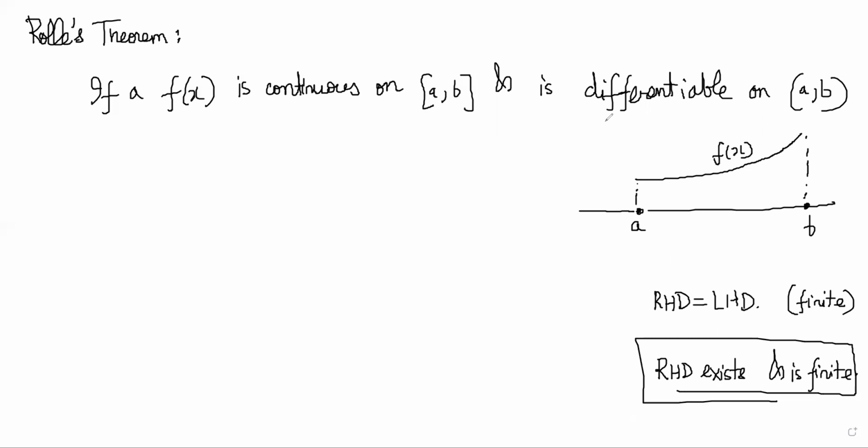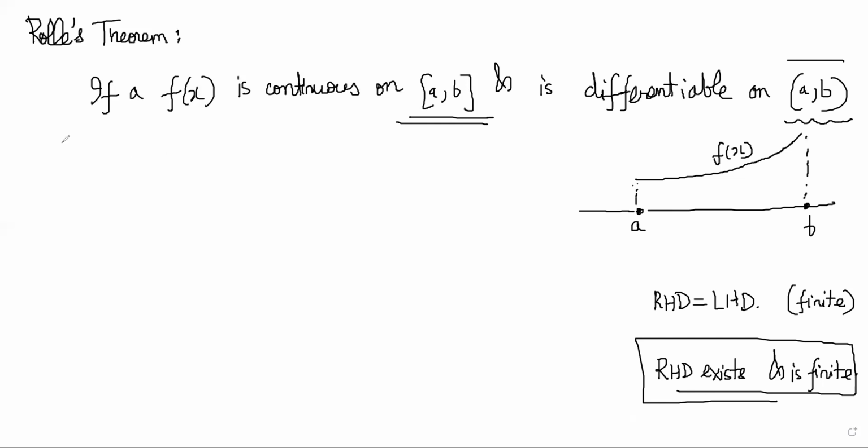So we are saying, in Rolle's theorem, it should be continuous on the entire interval, including the endpoints, and should be differentiable on the interior of that interval, not on the endpoints. It could be non-differentiable there, that's fine.